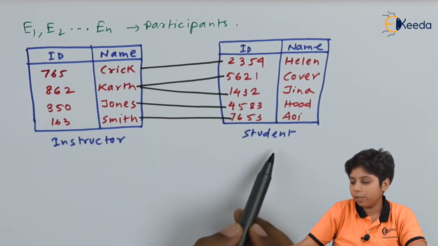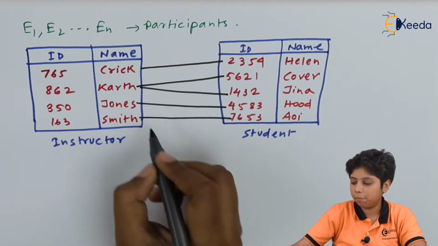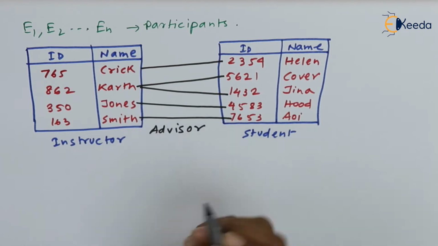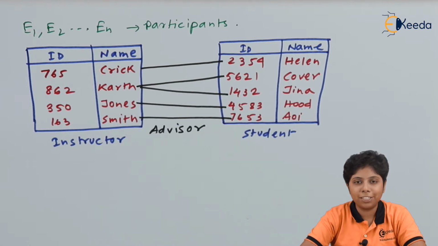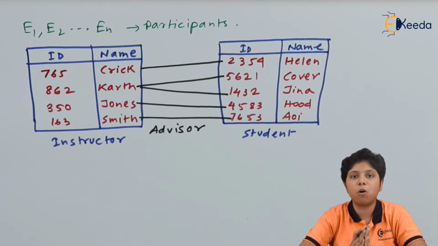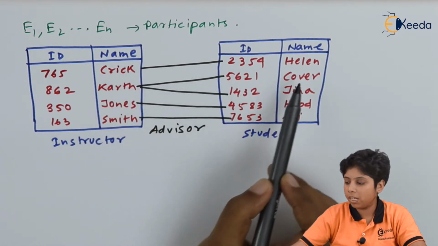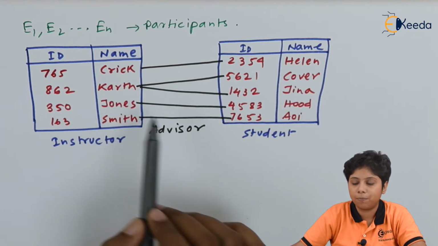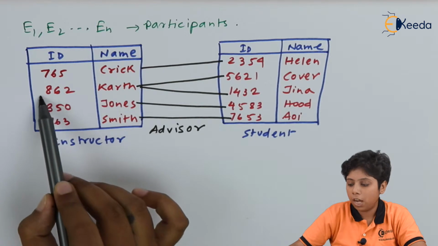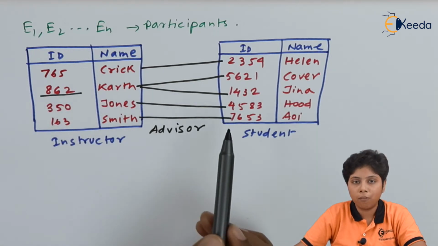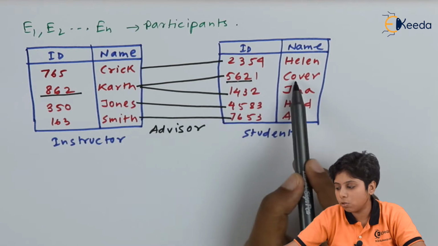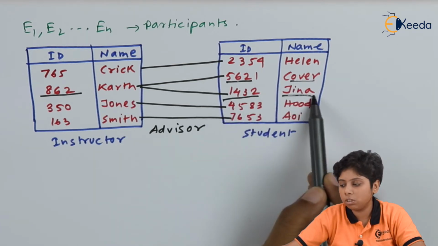That is an instructor and a student in the relationship advisor. When the advisor relationship of an instructor to the student exists, we can say that there can be one instructor being an advisor to many students. So we are specifying the relationship instance. Creek has a relationship with Helen for being an advisor. Karth, who has the ID 862, is an advisor to Cover, 5621, and Gina, 1432.